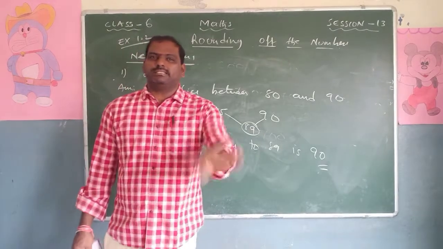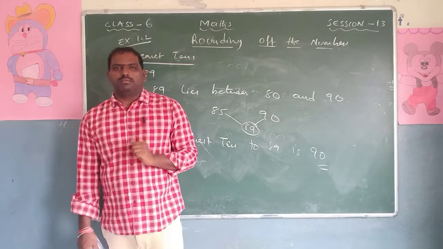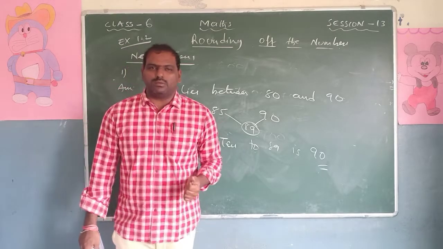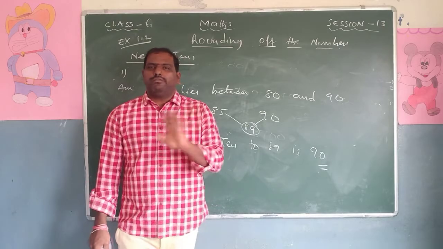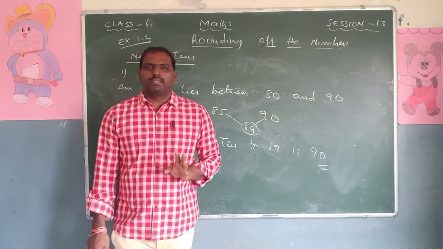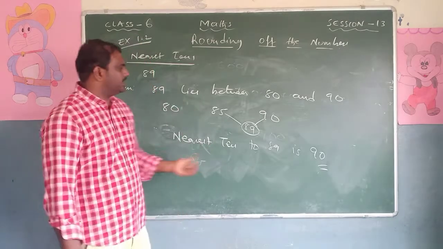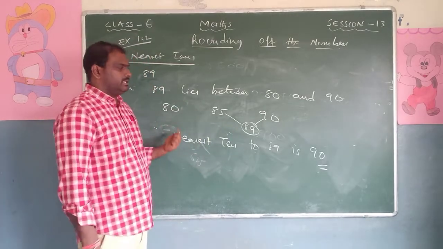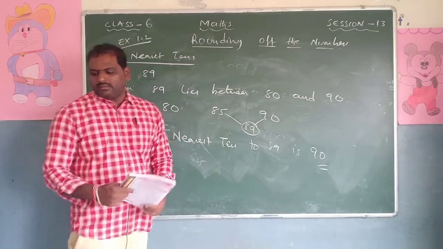Question is nearest 10. కాబట్టి 80 నెక్స్ట్ 10 ఏ తీసుకోవాలి. మీరు అడగొచ్చు సార్ 80 and 100 మధ్యలో ఉంటుంది కదా సార్, 80 and 200 మధ్యలో ఉంటుంది కదా. But if you take 200 it is totally wrong. We have to take the first 10 and next 10. And second thing is we have to check where it is. 80, 85, 90 మధ్యలో ఉంది కాబట్టి we have to write that.